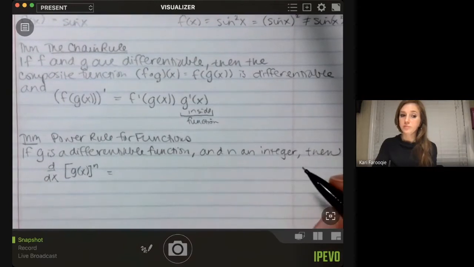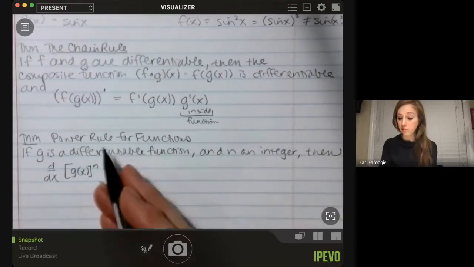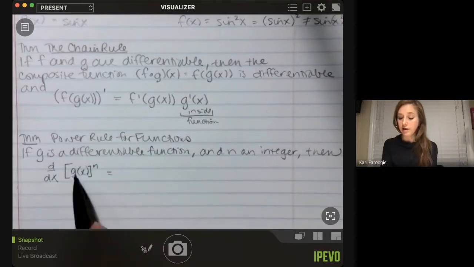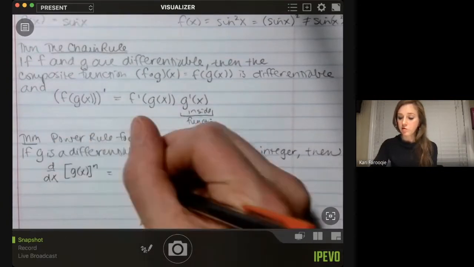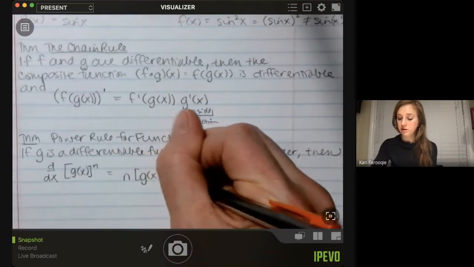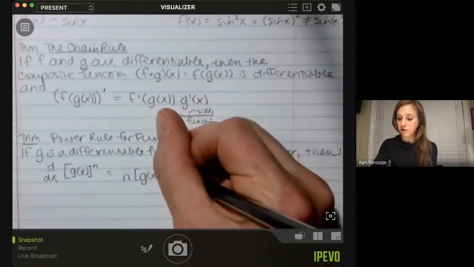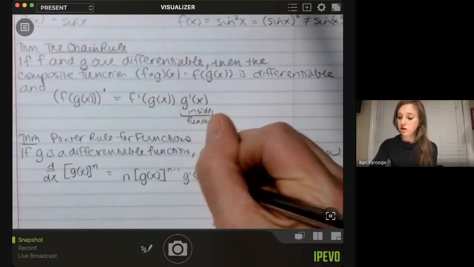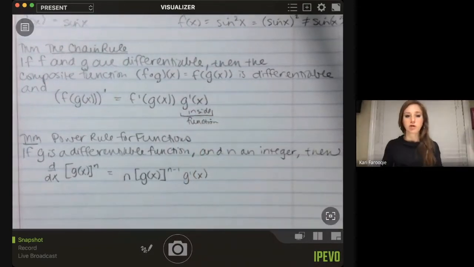Okay, so the difference here between this power rule and the one you saw before is this time we're not just taking x to the nth power, we're taking some function g of x to the nth power. Okay, you're going to bring the exponent down, multiply it by the inside function g of x, decrease 1 from the exponent, and then chain on the derivative of the inside function.